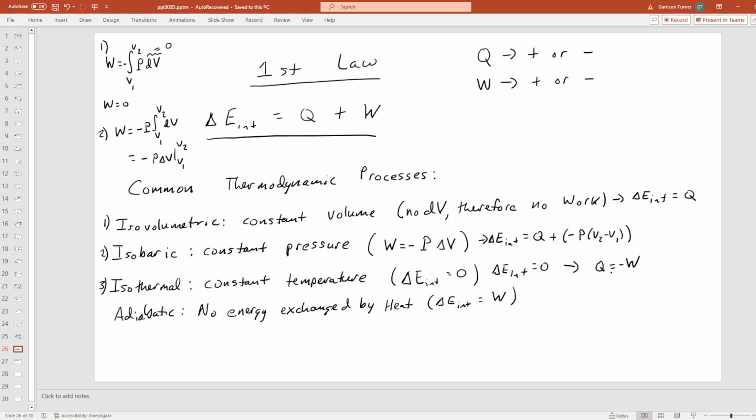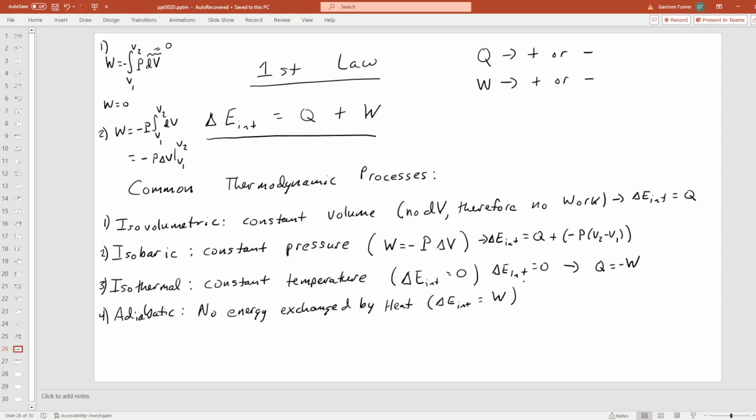Okay? And the fourth is your adiabatic process. And this is exactly the opposite, right? In your isothermal, you must be connected to a thermal reservoir. And in an adiabatic process, you are completely isolated from thermal reservoirs, and therefore no energy is exchanged by heat.